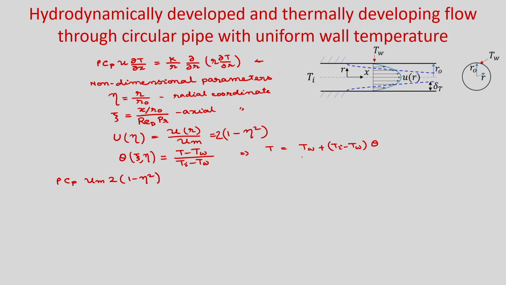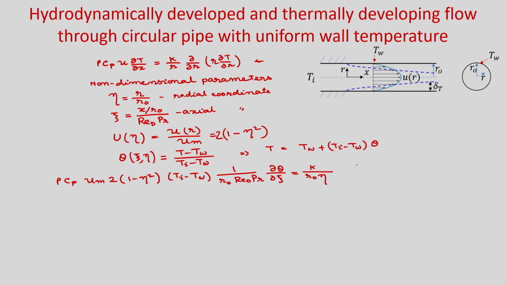So, if you write del T by del x, you will get T I minus T w into 1 by r naught Re D into Prandtl number, then del theta by del xi is equal to, now in the right hand side you see k by r. Okay. So, you can write k by r naught into eta.